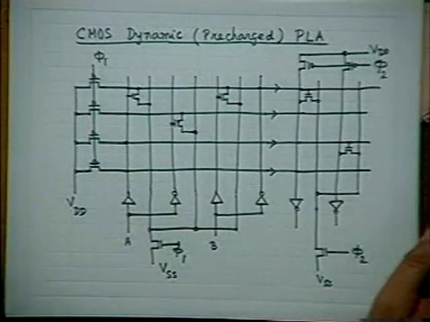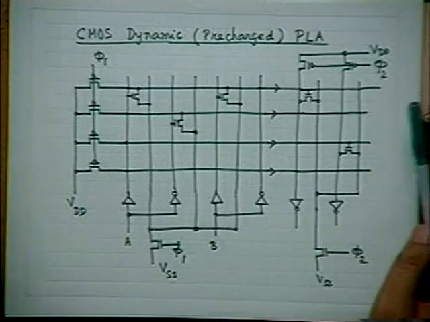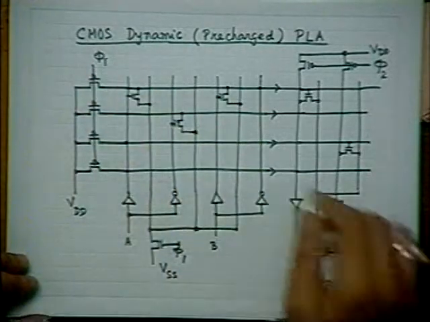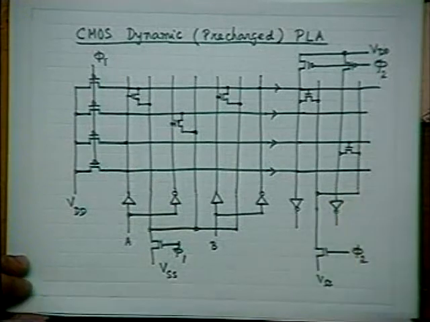What is the advantage of this CMOS dynamic PLA in that case? Power consumption will be extremely reduced. And you don't have to bother about the area ratio. Only thing, W by L of the PMOSs should be kept roughly double the area. Otherwise, the conductance of PMOS channels is really half of that of NMOS channels because of roughly half mobility of holes compared to electrons.